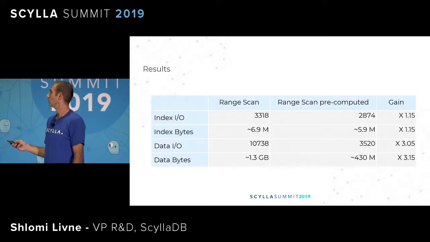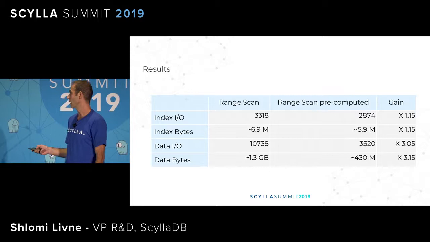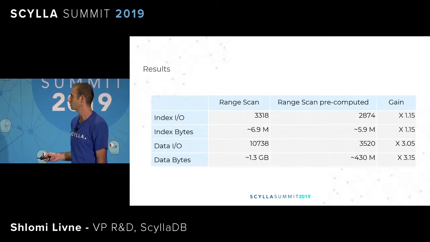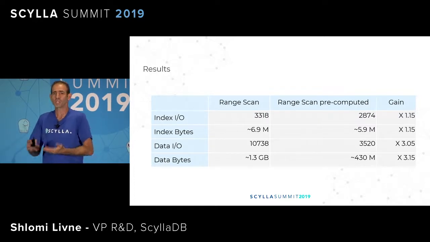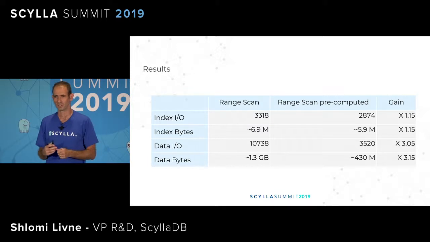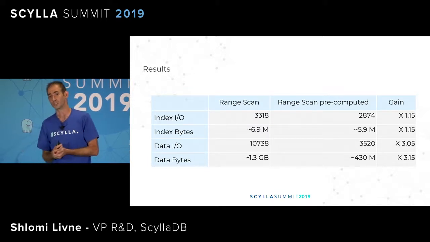If we compare the range scans to the pre-computed results, we can see that the data I/O dropped significantly, 3 times. And that is because we do not need to read the full partition. We read only the beginning of the partition that stores the static fields, and we do not need to continue reading.